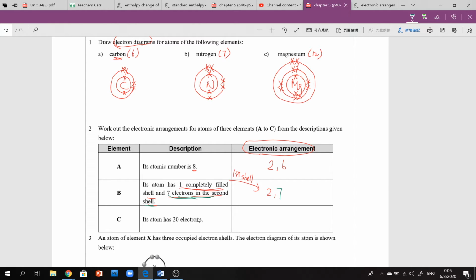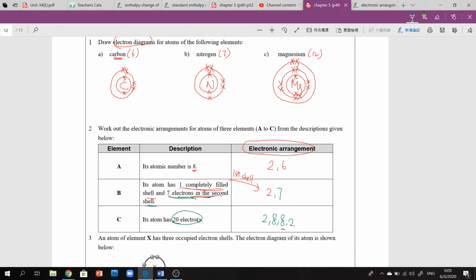And finally, this atom has 20 electrons. How do we get it? The first shell is 2. The second fully filled shell contains 8 electrons, right? How about the third and fourth? The remaining 10: we fill 8 electrons in the third shell, leave 2 in the fourth shell. So this is 2, 8, 8, 2. It is calcium.